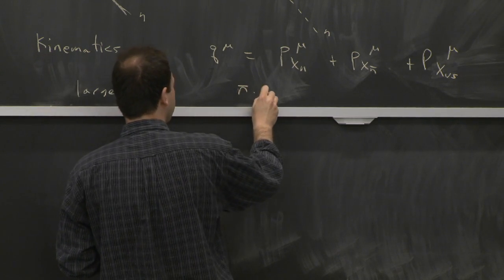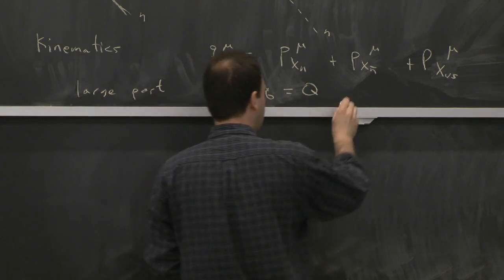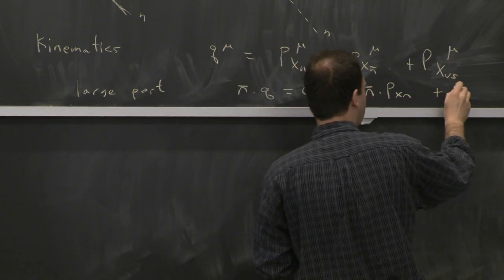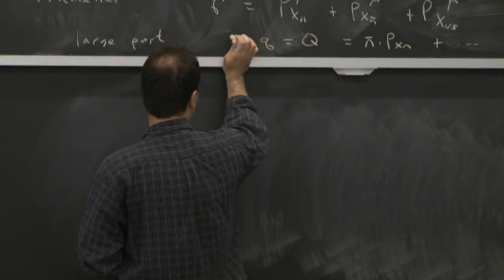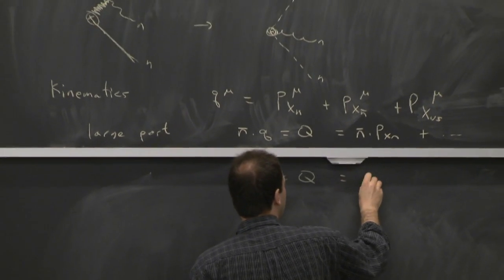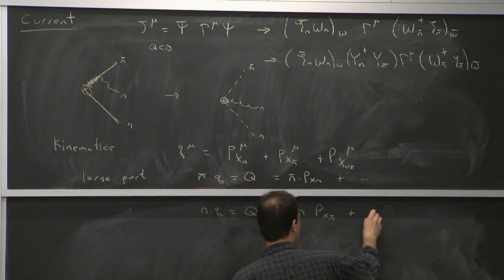in the center of mass frame, n-bar dot q is just capital Q, and that's n-bar dot p_Xn plus things that are small. And likewise, n dot q is capital Q, is n dot p_Xn-bar, which is large, order 1, plus small.